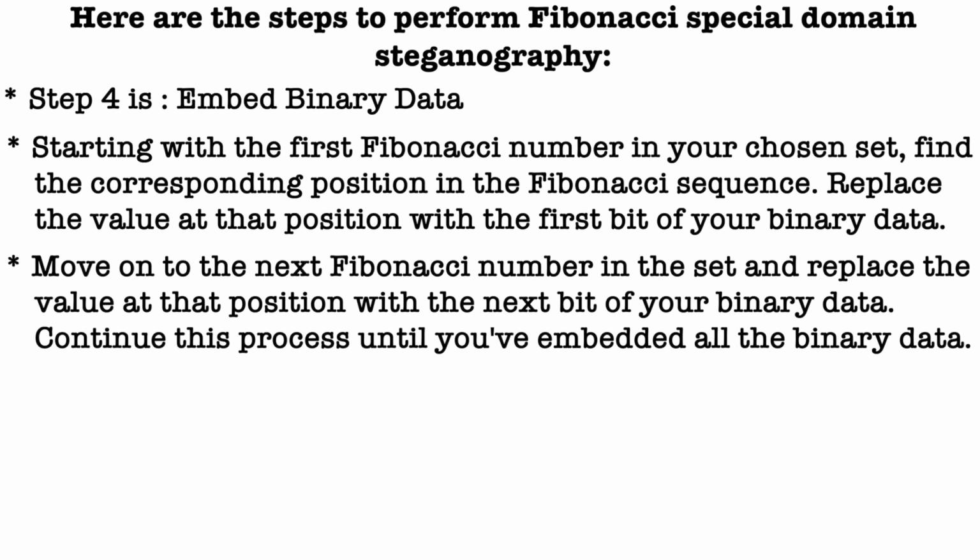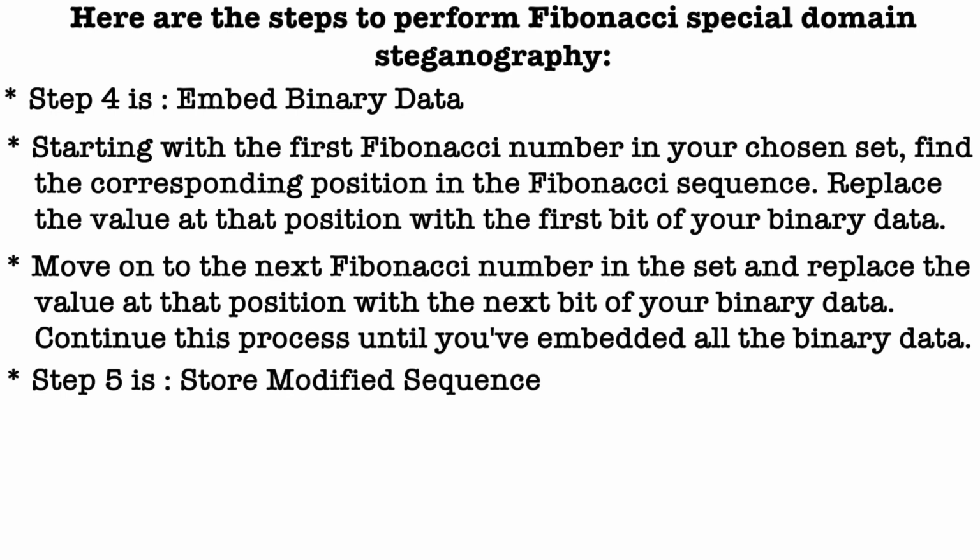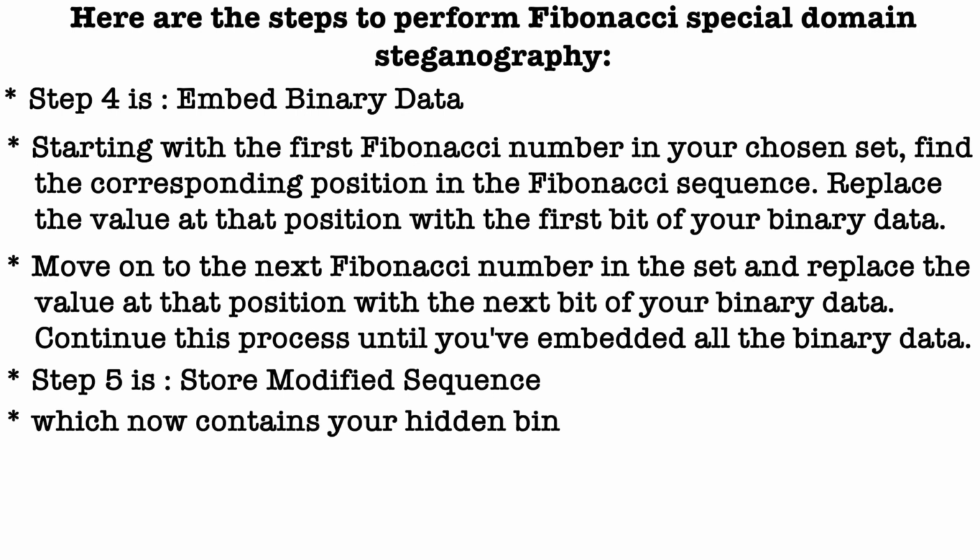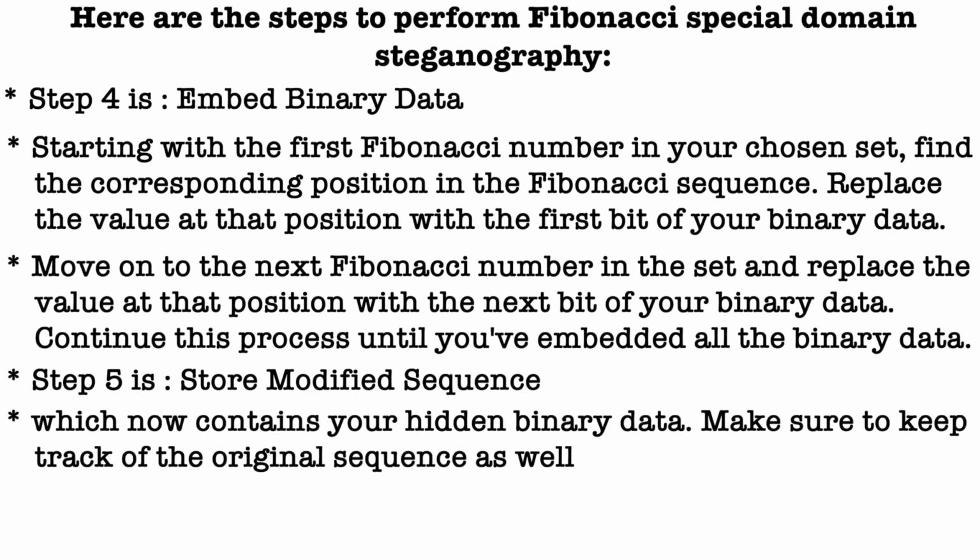Continue this process until you have embedded all the binary data. Step 5 is store the modified sequence, which now contains your hidden binary data. Make sure to keep track of the original sequence as well.